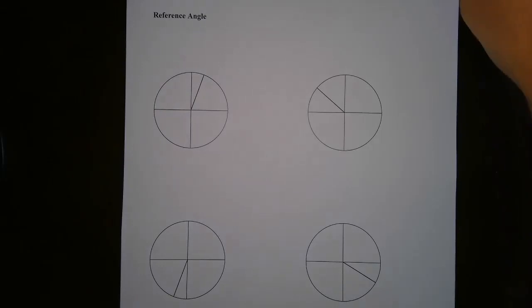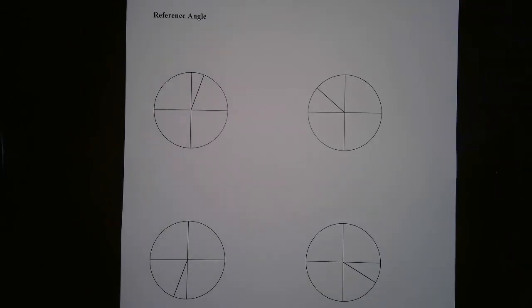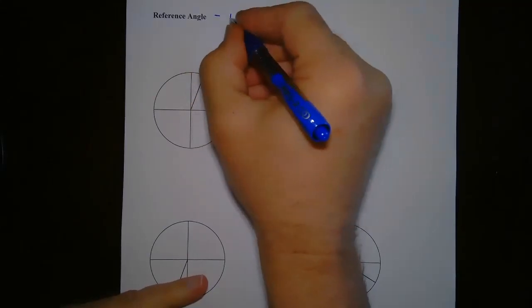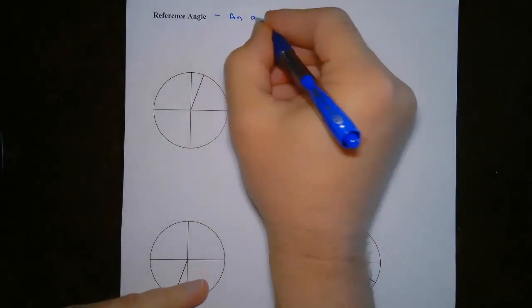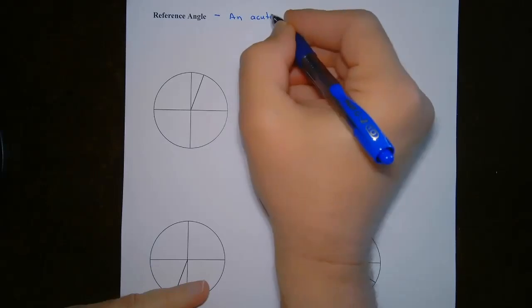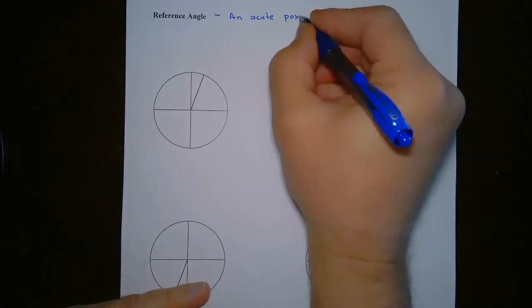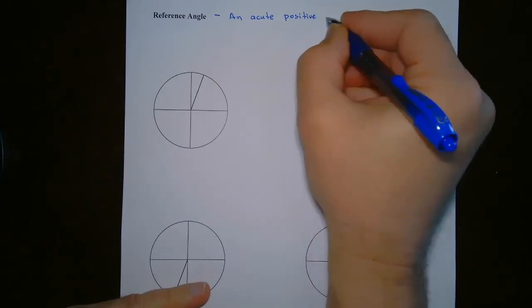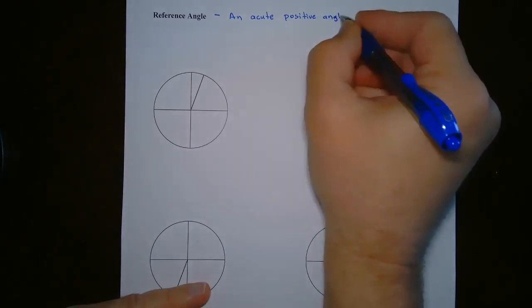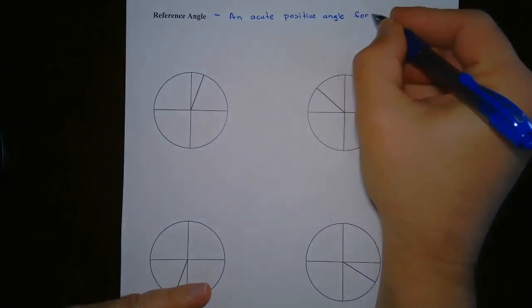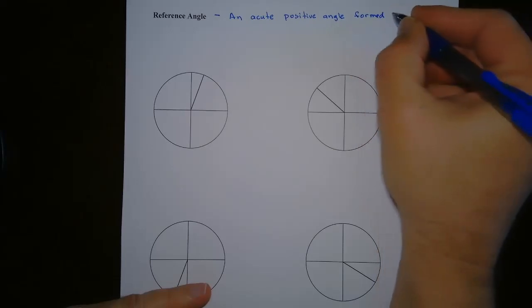Okay, I know I said I was going to go to the next example, but I need to talk about this thing called reference angles first, okay? So what is a reference angle? It's an acute positive angle formed by the x-axis.